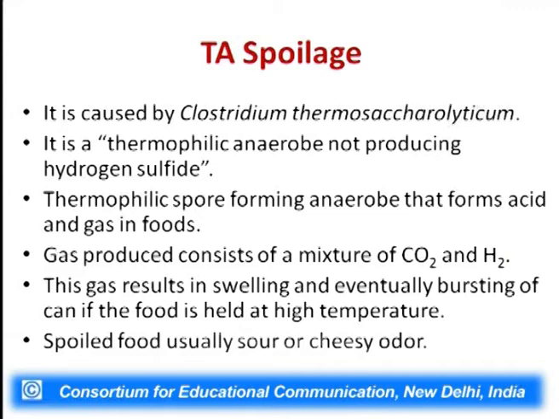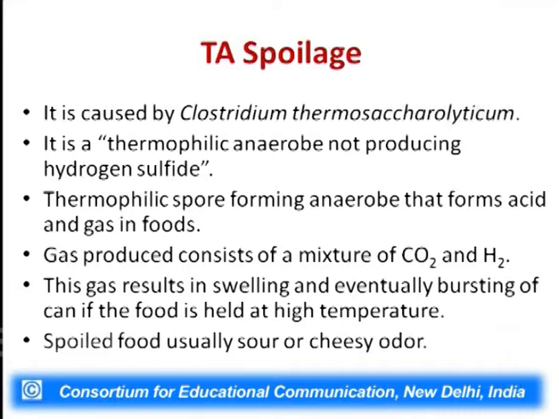Thermophilic spore forming anaerobe forms acid and gas in foods, and the gas produced is a mixture of carbon dioxide and hydrogen. This gas results in swelling and eventually bursting of the can if the food is held at high temperature.